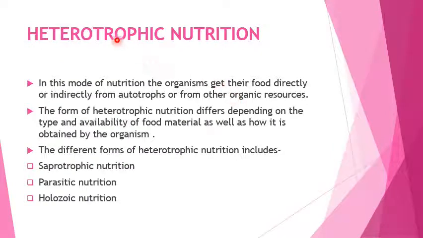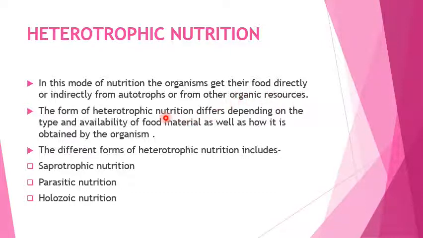Next is heterotrophic nutrition. In this mode of nutrition, the organism gets its food directly or indirectly from the autotrophs or from other organic resources. Means the organisms cannot synthesize their own food. They depend upon the autotrophs for their food. That mode of nutrition is known as heterotrophic nutrition.